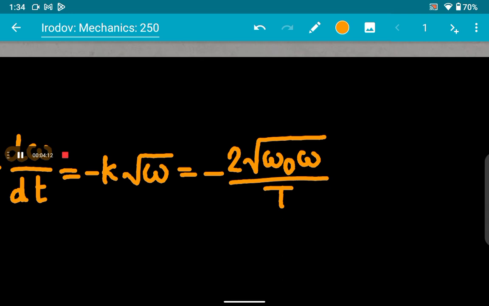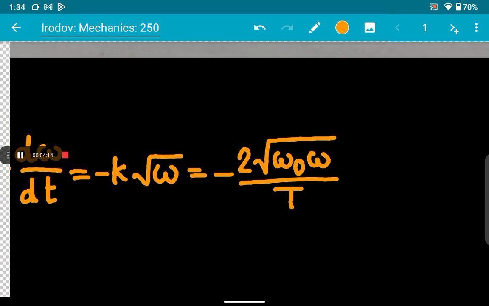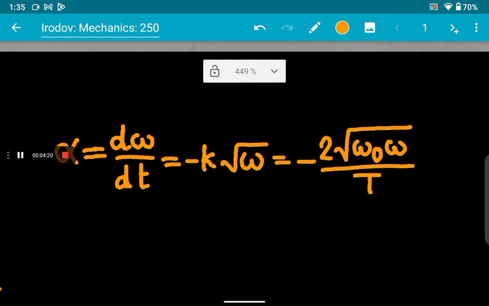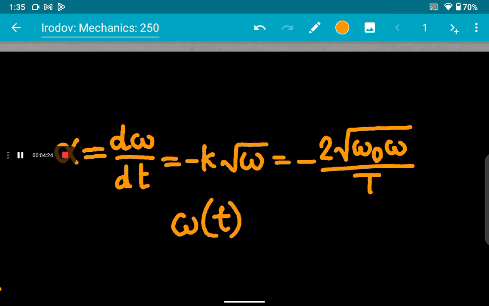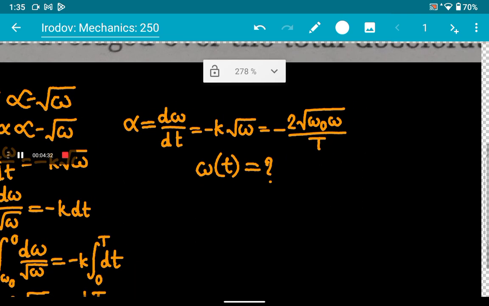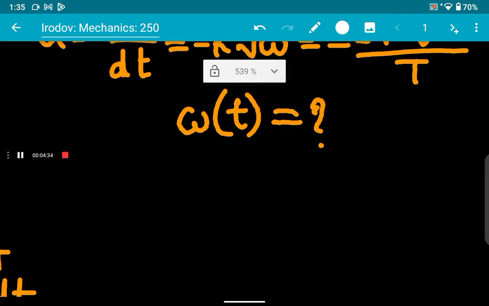Now let's derive the general relationship between omega and t. We need to derive omega as a function of time to solve this problem. And why do we need that? Because of the average value of any variable, let x be a variable.